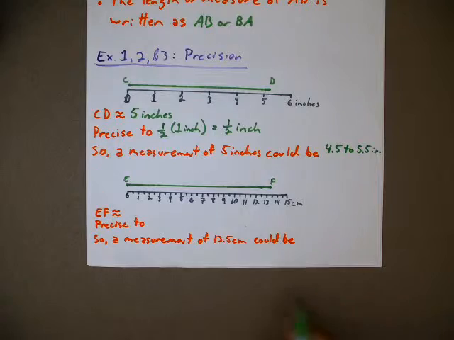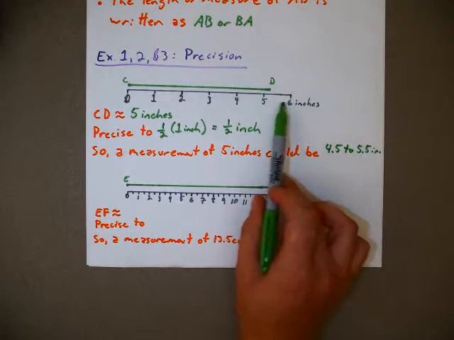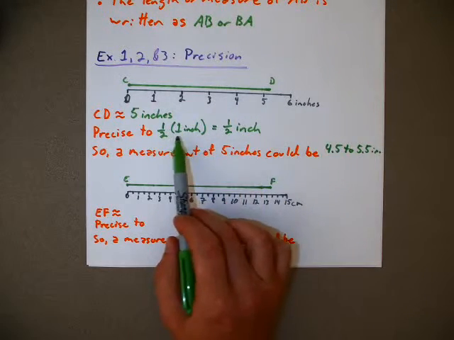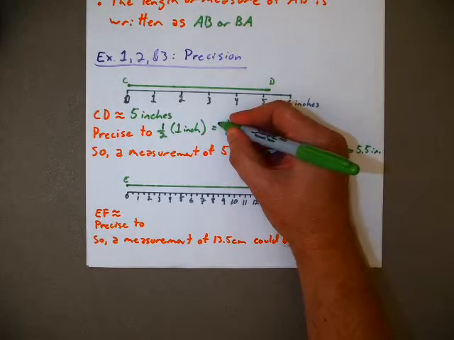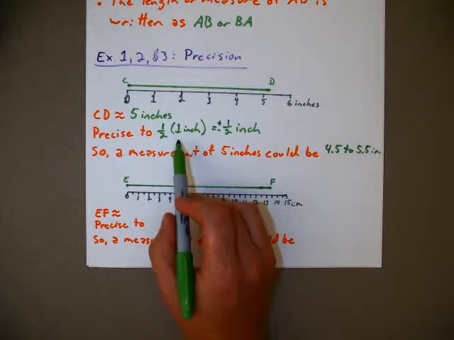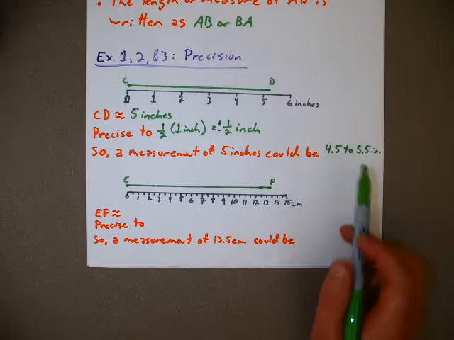To recap, I took the increment that we have. This is done in inches, and our precision is plus or minus 1/2 of an inch. So we add 1/2 an inch and we subtract 1/2 an inch.